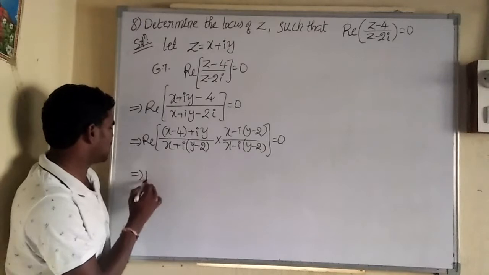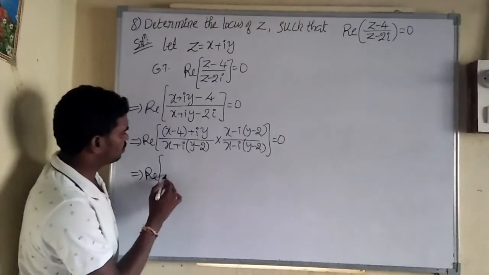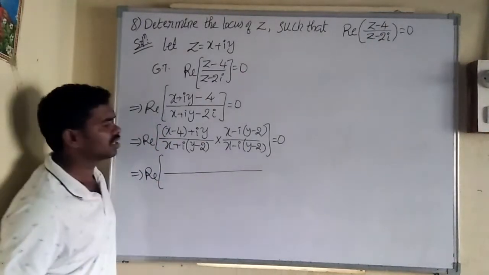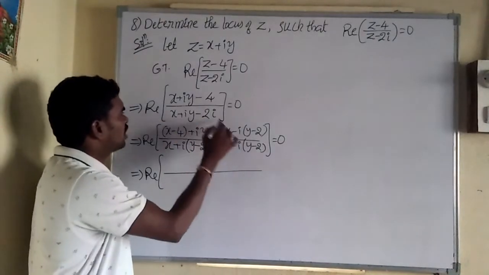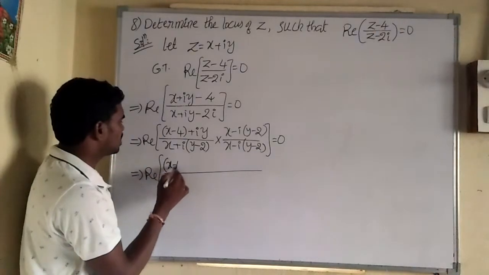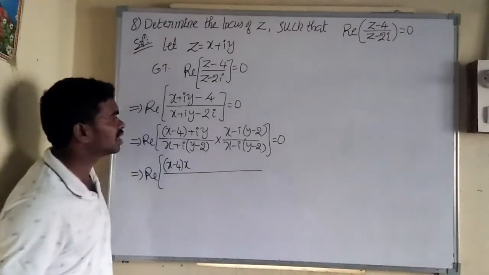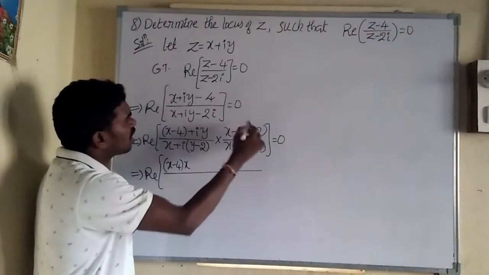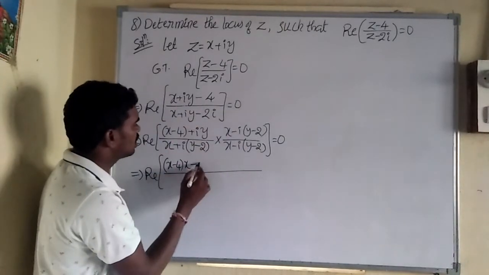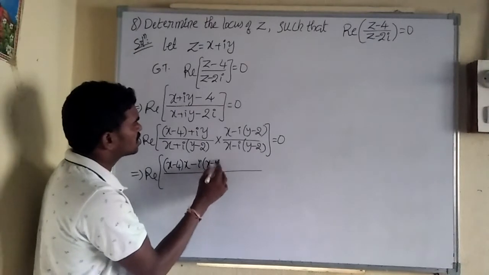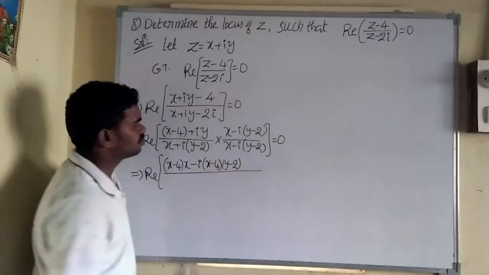Then implies real part of, do one by one: x minus 4 into x, next x minus 4 into I into y minus 2. So plus into minus is minus I into x minus 4 into y minus 2.